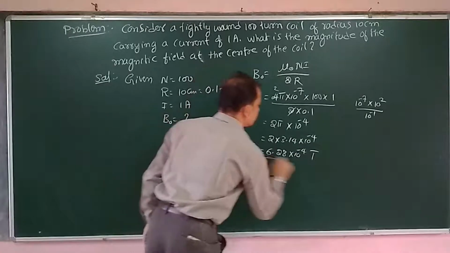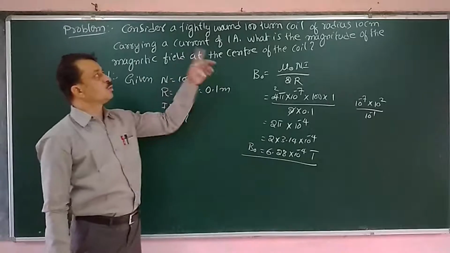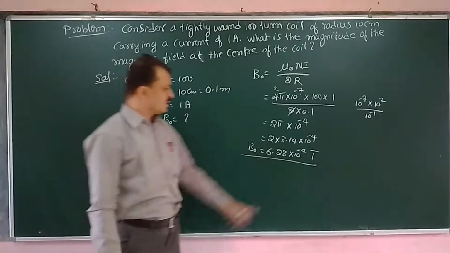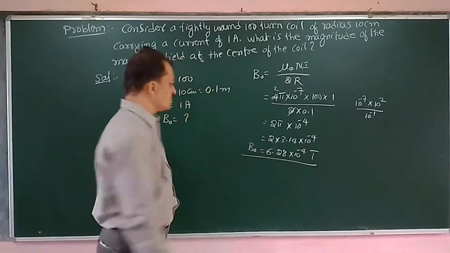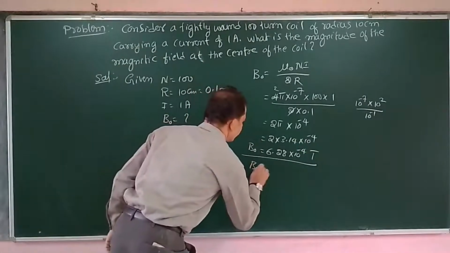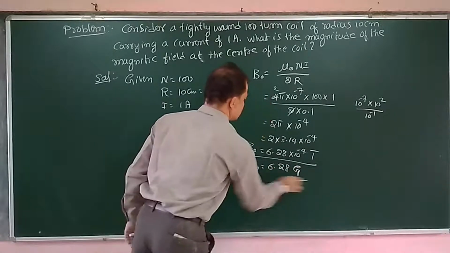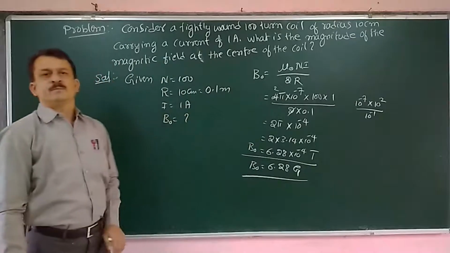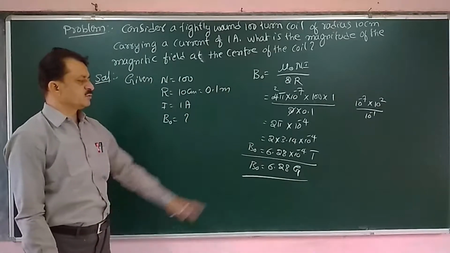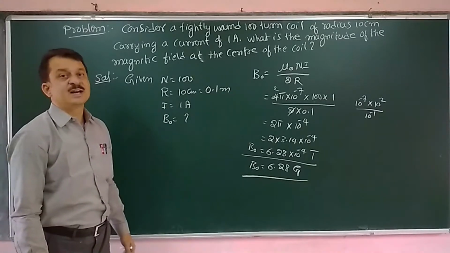It is the value of the magnetic field due to that circular loop having 100 turns at the center. Since we are getting 10 to the power of minus 4, this magnetic field can also be written as 6.28 Gauss, because we know the relation that 1 Gauss is equal to 10 to the power of minus 4 Tesla.